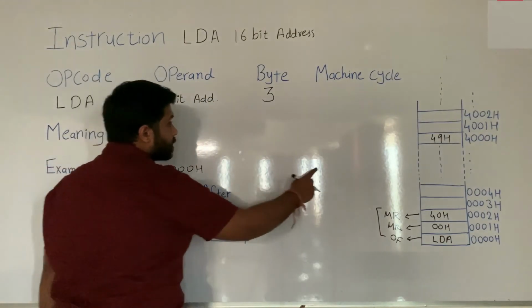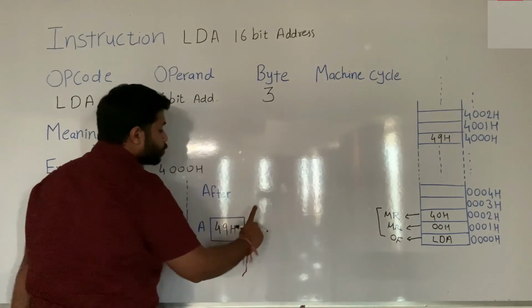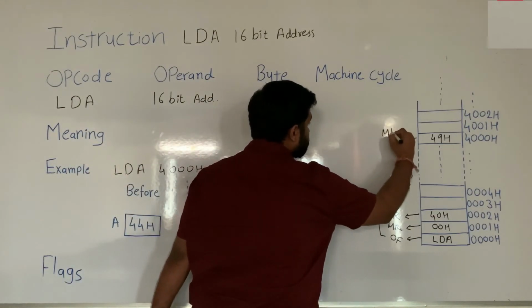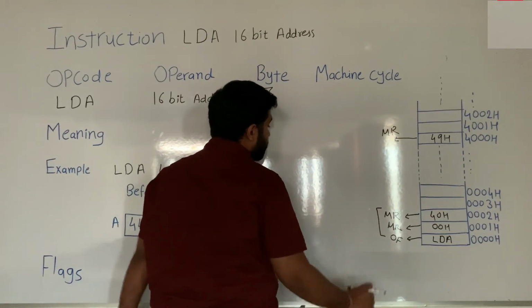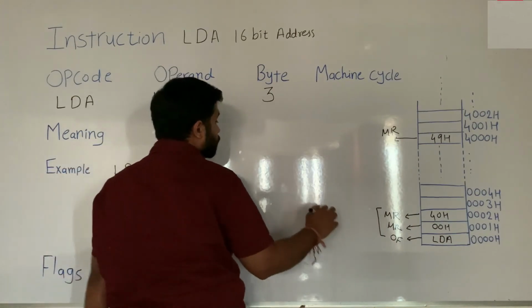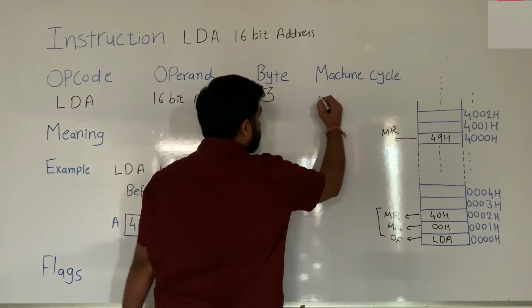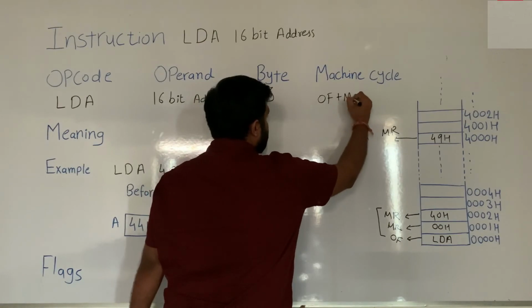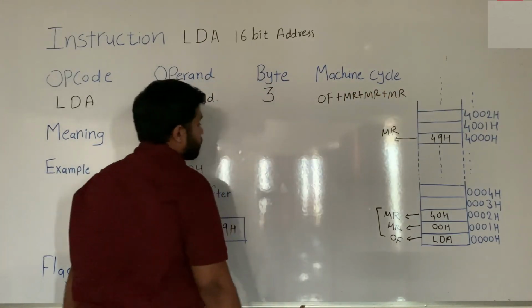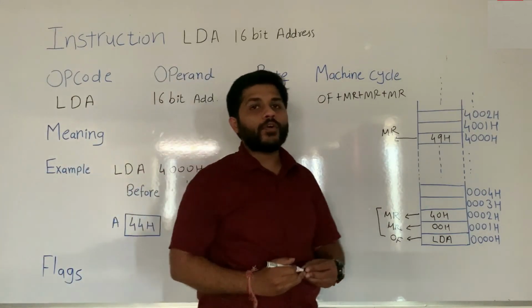To transfer the data from the memory to the accumulator, the processor has to perform one more machine cycle, which is memory read. It means for the LDA 4000H instruction, 4 machine cycles are required: opcode fetch, memory read, memory read and memory read. And this is it for this instruction.